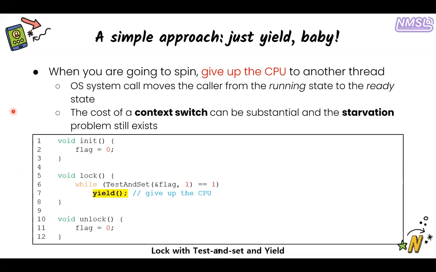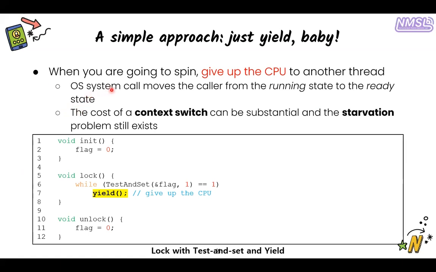Now, again, let's start simple. One way is, okay, if I have to spin, then what I'm going to do is give up the CPU. In the previous mechanisms, you still held the CPU. You're just waiting, but you held it. How about we actually give it up? Yield, right?